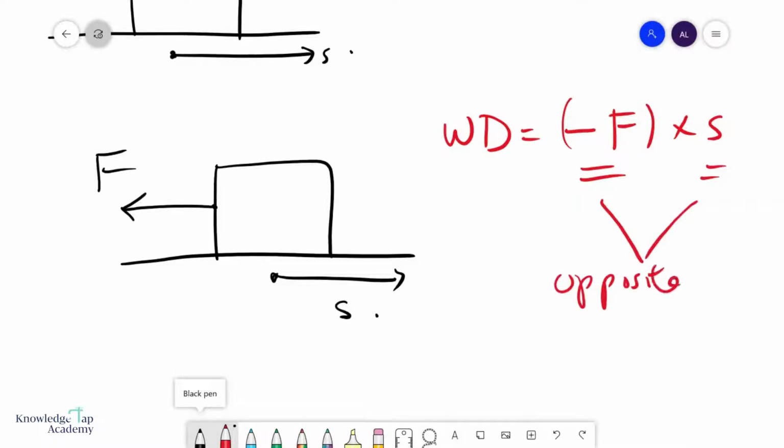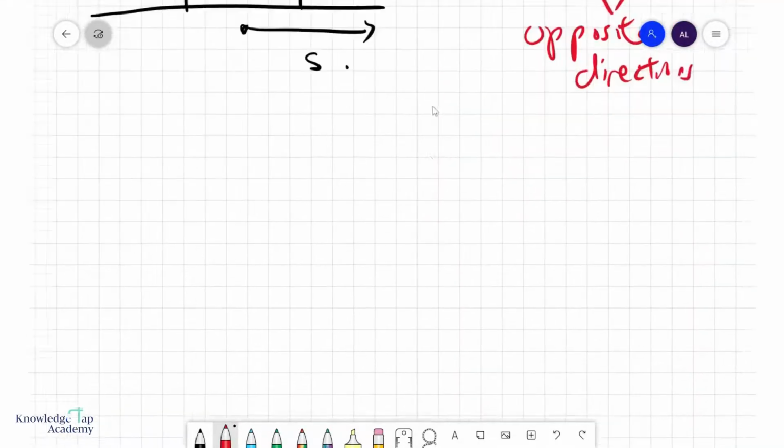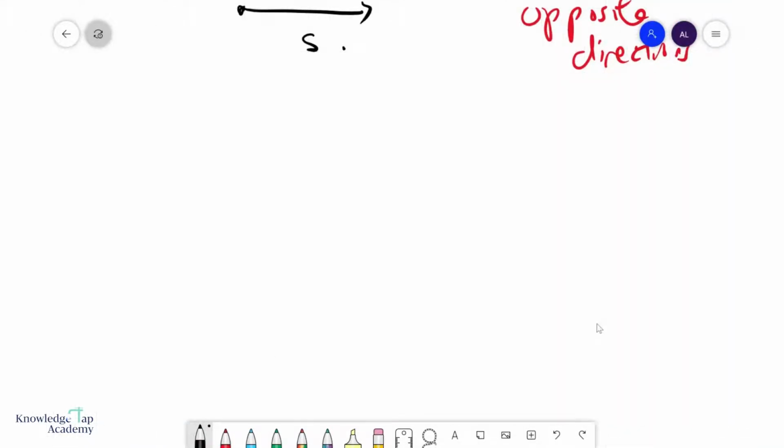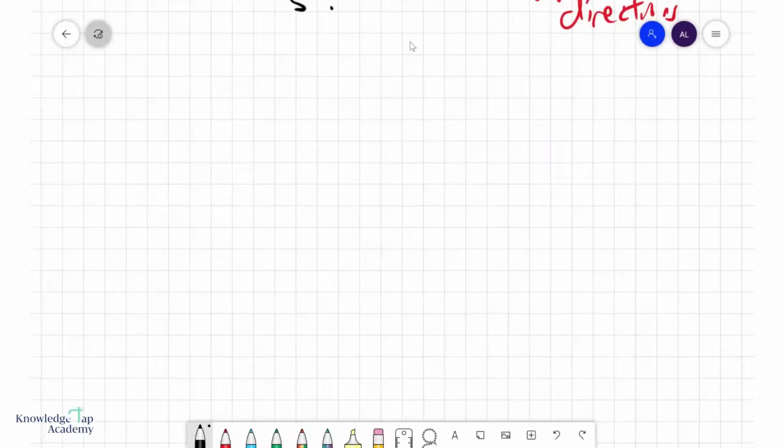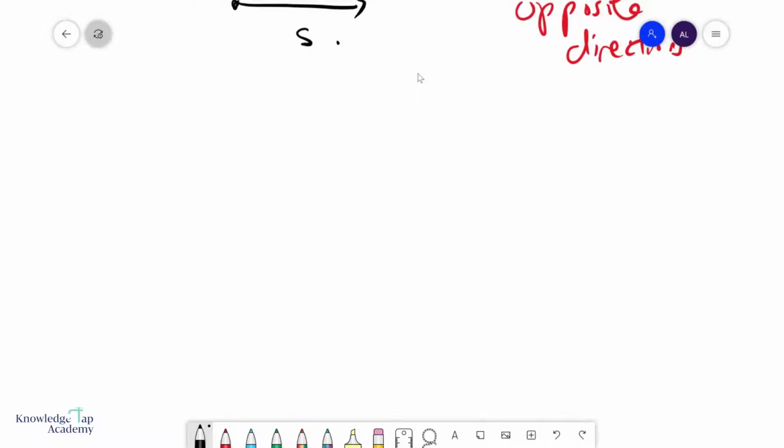Now, some of us may ask, oh my goodness, how on earth does this happen? Is it even physically possible to pull one way but the object moves in the other way? Well, when it happens, it just means that the force that is doing the negative work is probably not alone. So consider an example that I think some of us can relate to. Let's say you're on a slope.